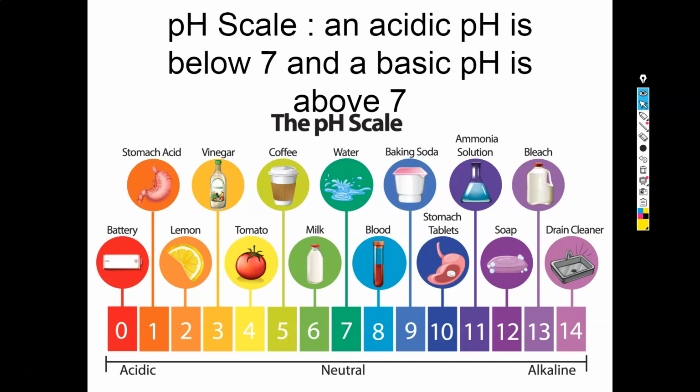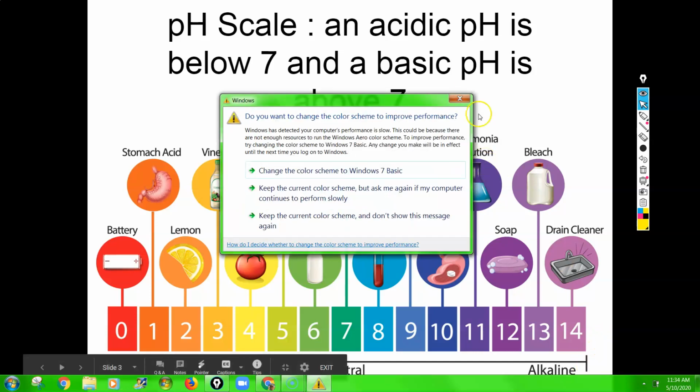So acidic pH ranges from 0 up to 7, and then basic pH ranges from just above 7 up to 14. So the acidic ranges are in the reds and yellows, and the basic ranges are in the blues and purples, with 7 neutral being right in the middle. And so you get a good idea of what some of that looks like as well.